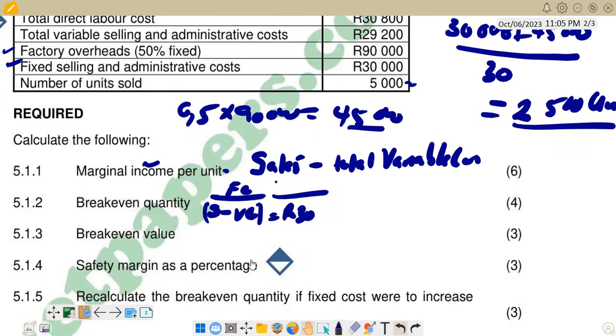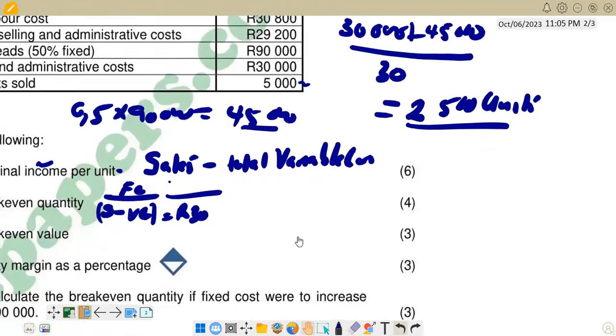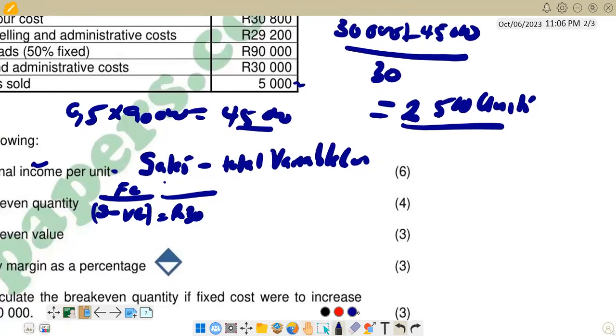Then the break-even value now. For the break-even value, we also want to see the formula. Right, break-even value, we multiply the break-even quantity, which is 2,500, times the selling price.